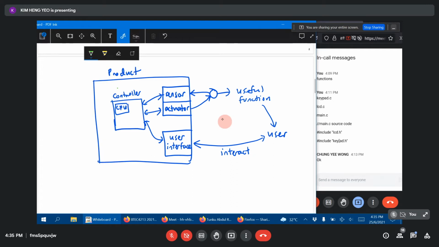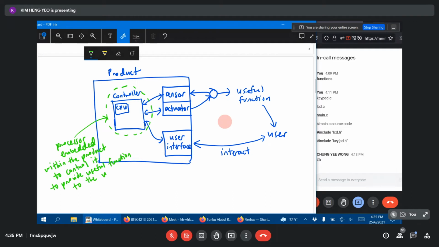So we say that this is a processor embedded within the product. Why do you want to embed a processor within the product? To control it. Why do you want to control it? To provide useful function to the user.